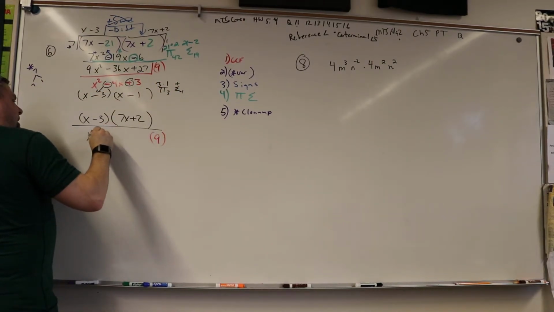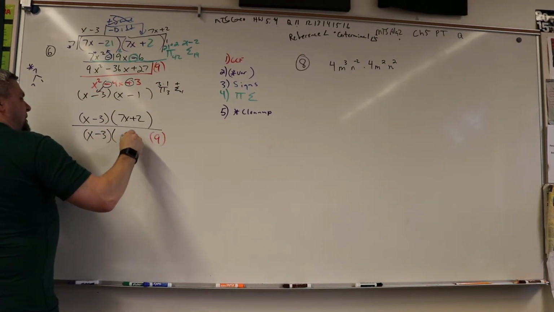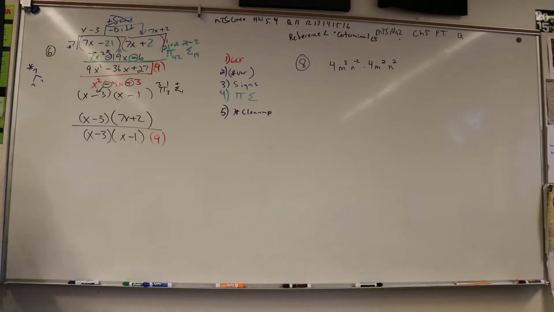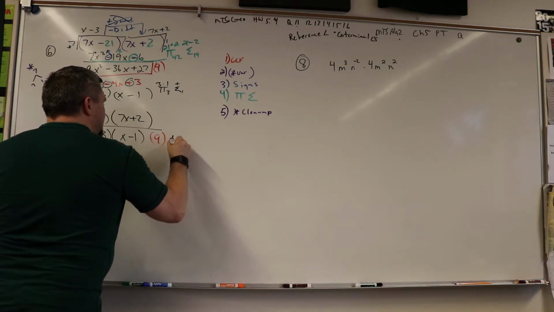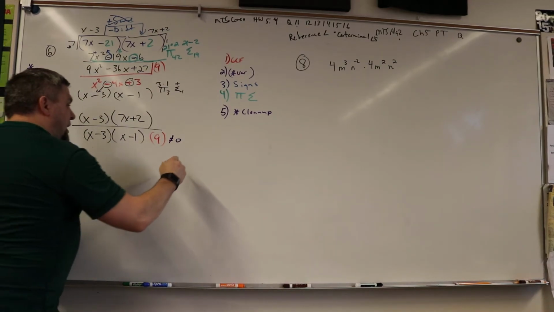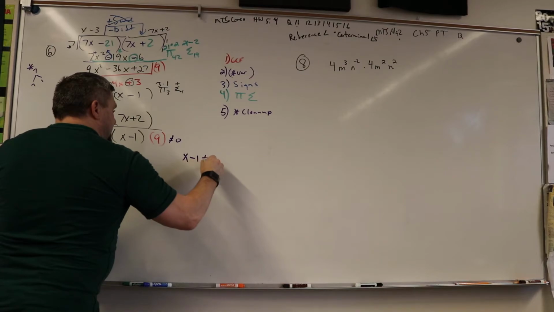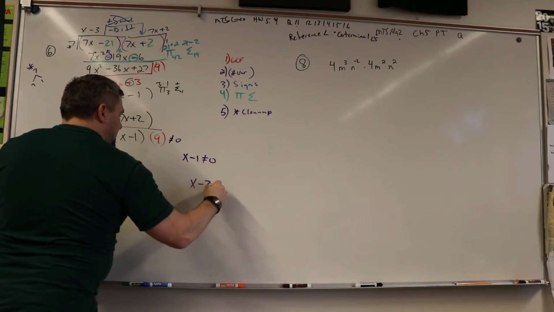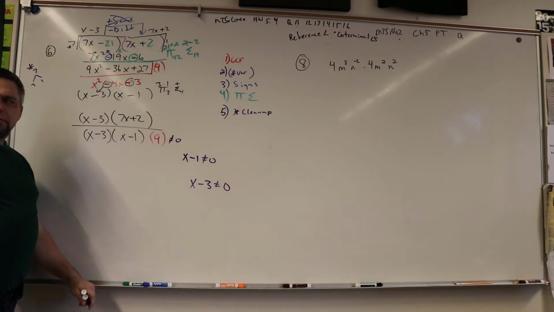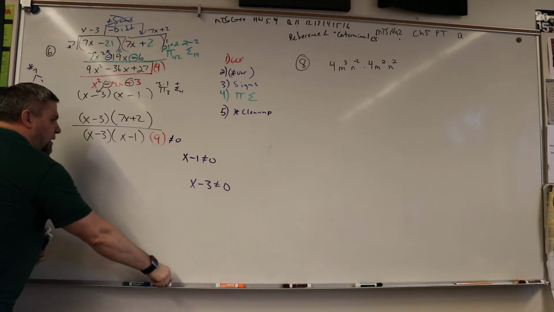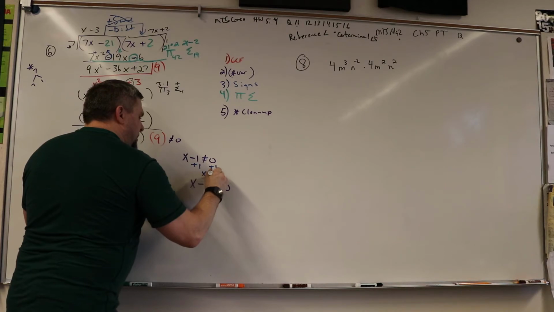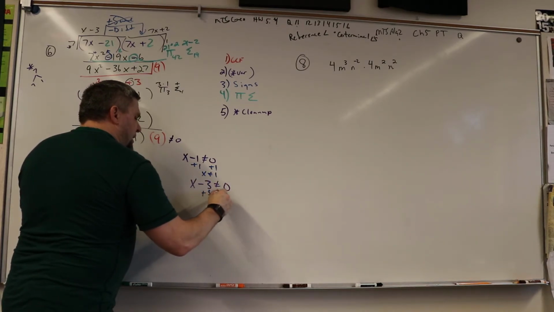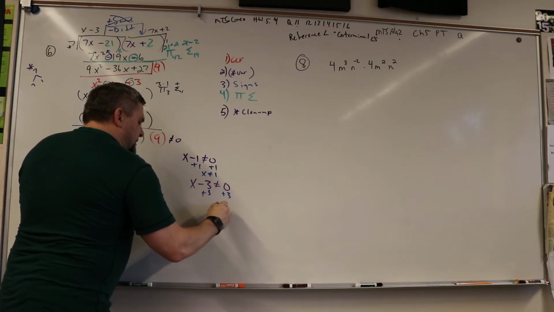So we have x minus 3 and x minus 1. And this cannot be 0. So x minus 1 cannot be 0 and x minus 3 cannot be 0. Add 1, x cannot be 1. Add 3, x cannot be 3.